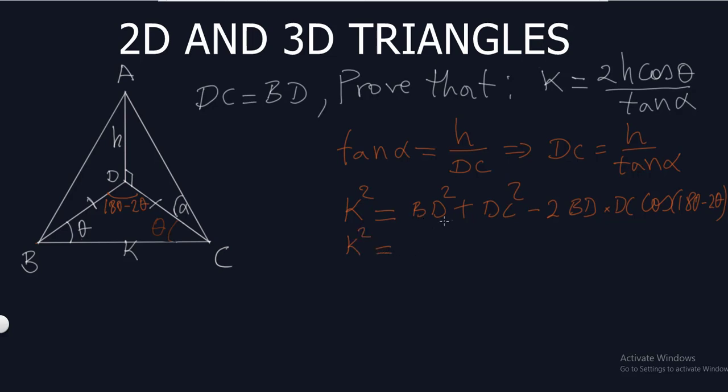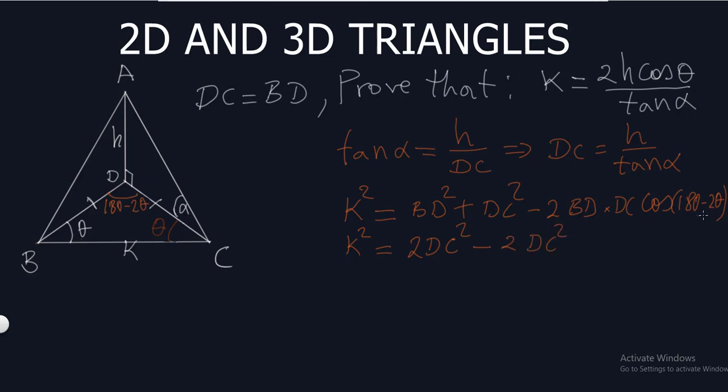Now, if you remember, BD is equal to DC, so we'll have another DC here, okay? So we'll have 2DC squared because we replace BD by DC, and then DC times DC will be DC squared.